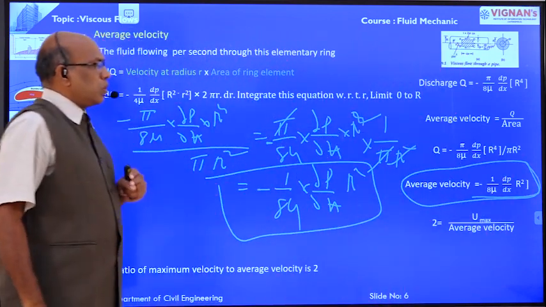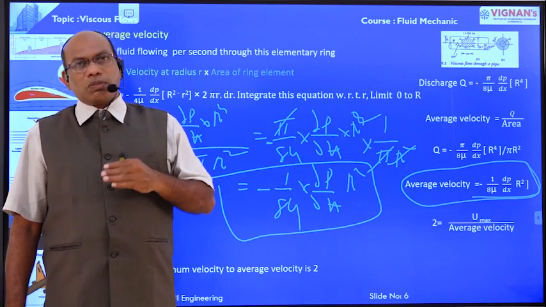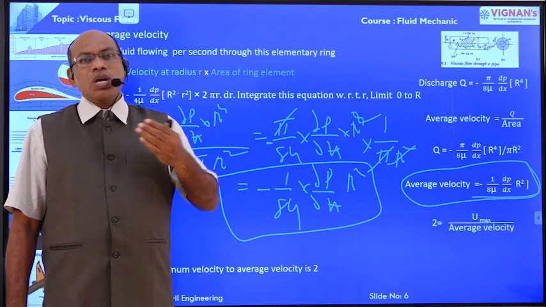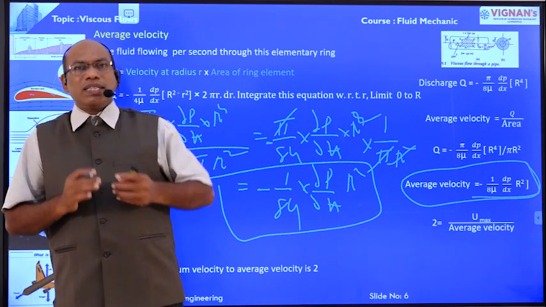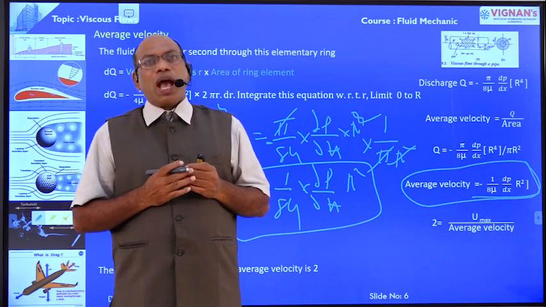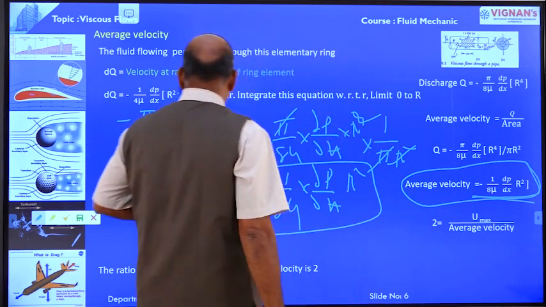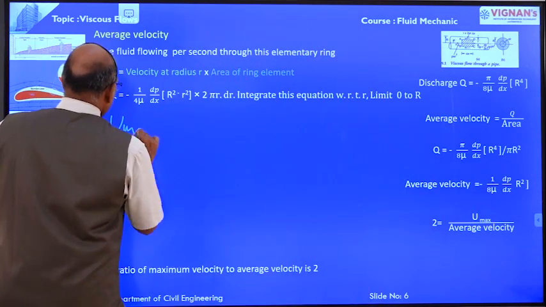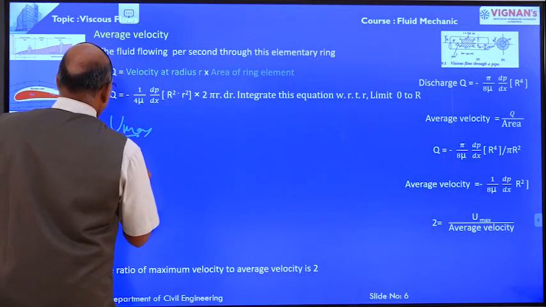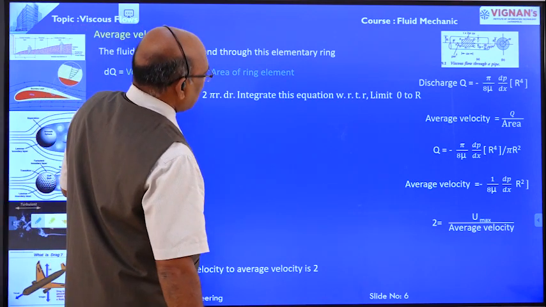Finally, we are going to determine the relation between the maximum velocity and average velocity. Now, u maximum to u average is equal to, what is the maximum velocity?